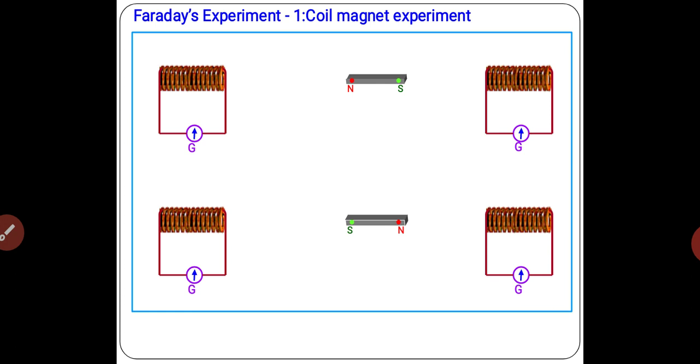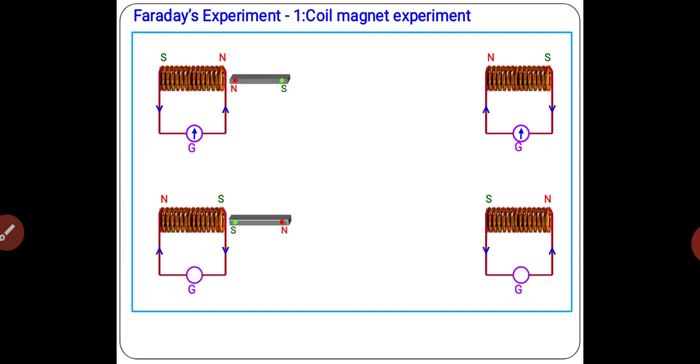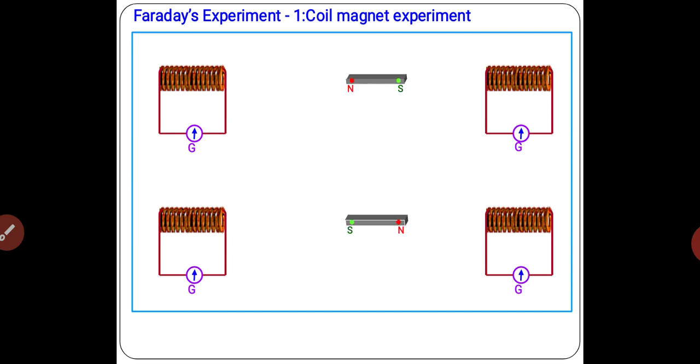When the north pole of the magnet is moved towards the coil, the galvanometer shows deflection towards the right hand side. That is, when relative motion of the magnet with respect to the coil is done, some current is flowing through the coil.